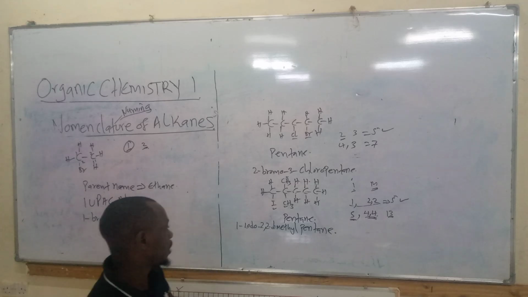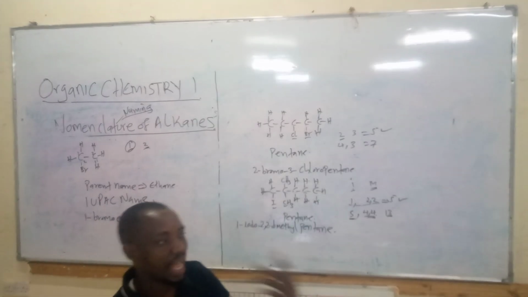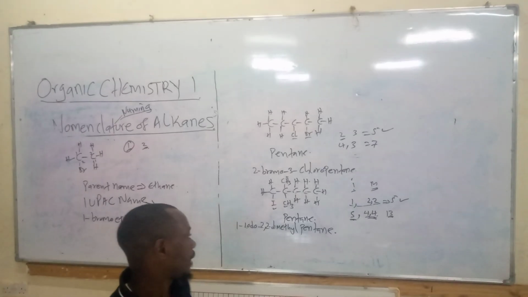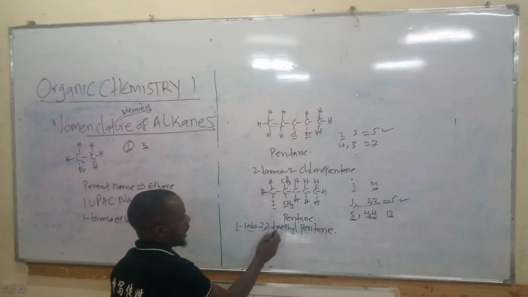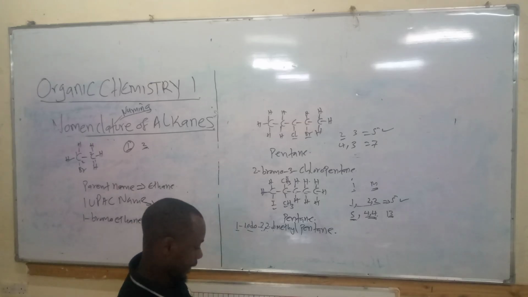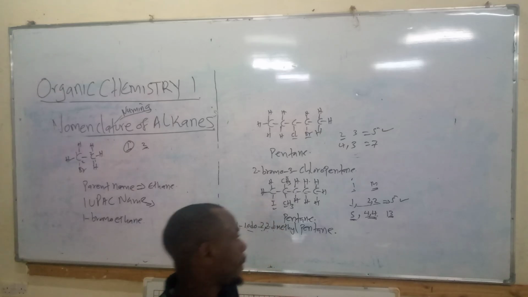The reason we use the word di is that di means 2. If there were 3, it would be tri. If there were 4, it would be tetra. So that is it: 1-iodo-2,2-dimethylpentane.